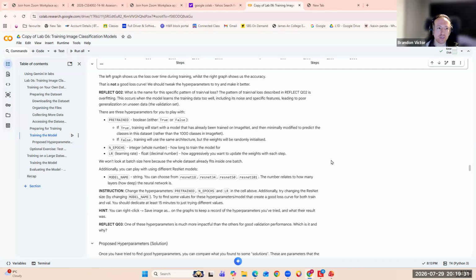Okay. Just to test your knowledge on the number of epochs: you have a fixed batch size, and in this case the batch size is the whole data set, because it's a very small data set and we can't really have a smaller batch size. So you have a fixed batch size and a fixed data set size.